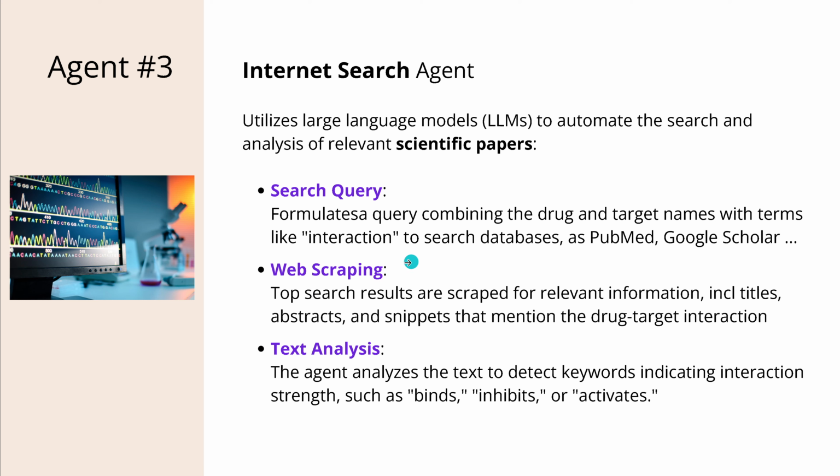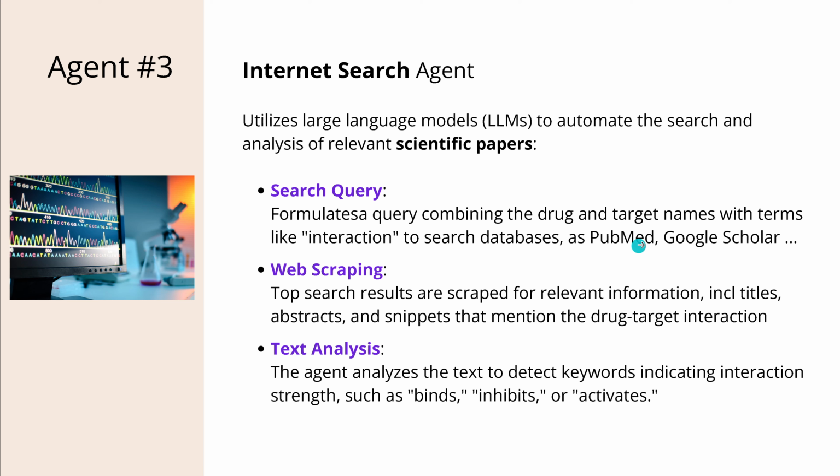So we search the web, all the sources that allow us to search them. And then we get maybe new titles, new abstracts, or new information on this specific drug target interaction that were just published, I don't know, yesterday or some days ago, and are not yet available in all the classical databases that we have.